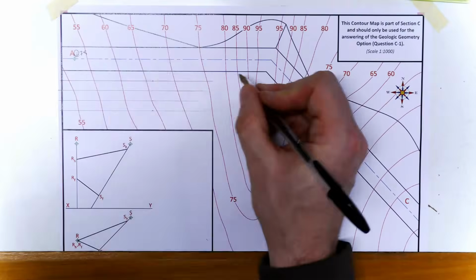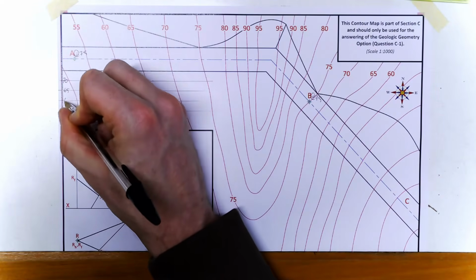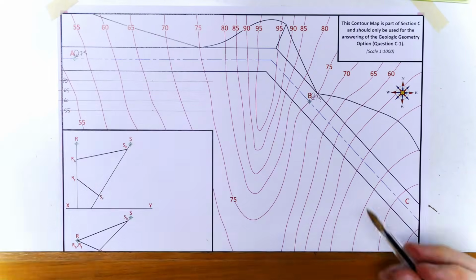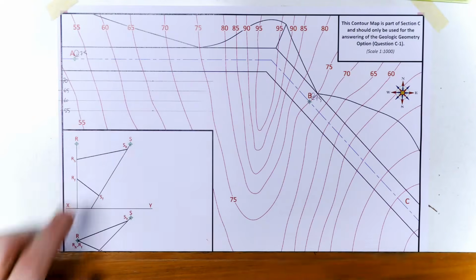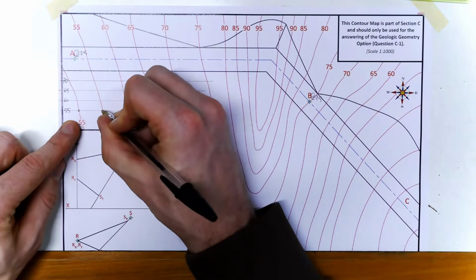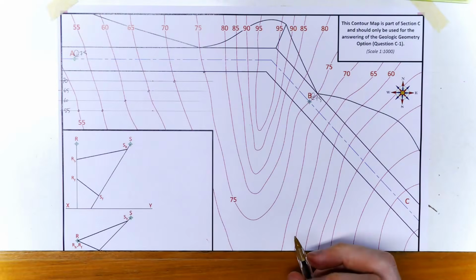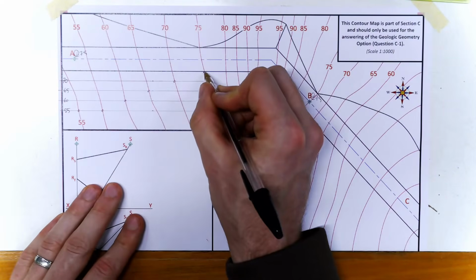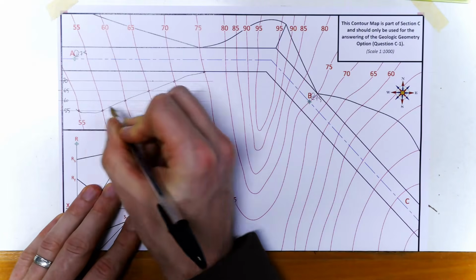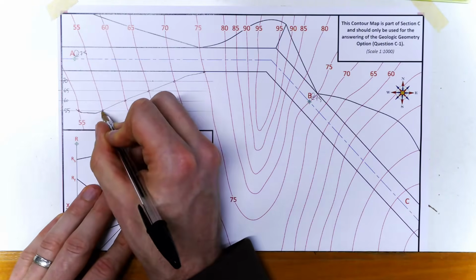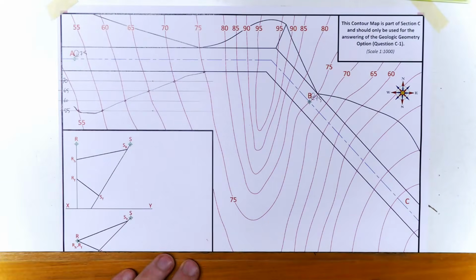Okay, so we're at 75, then 70, 65, 60, 55, and that's all I need there. So we got 55, 55, 60, 65, 70, and down here to my 70 there. All right, so here's going to be my curve. And it's important now not to do a straight line across there. So that's my fill portion.